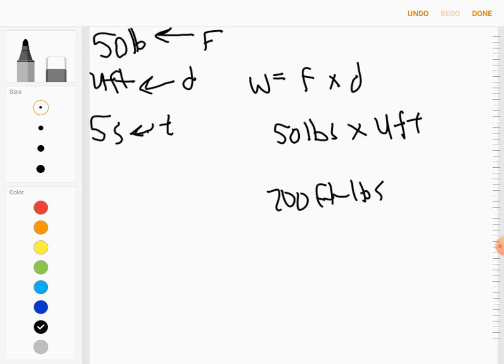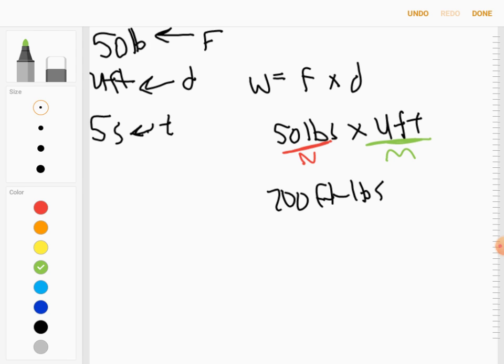So what if you needed to convert that to the SI units? Well, remember we said that's in joules. What you're going to need to do is convert the force into newtons, and then also convert the distance.